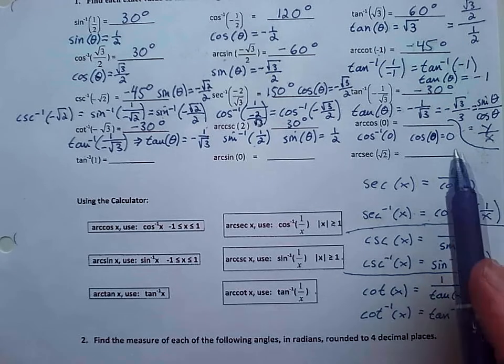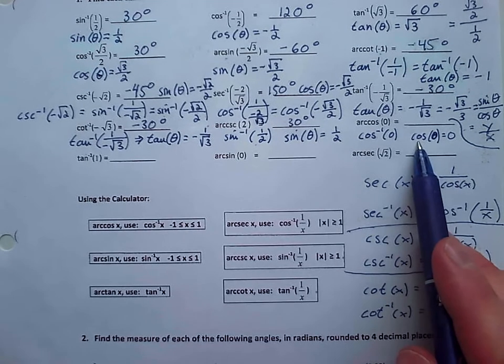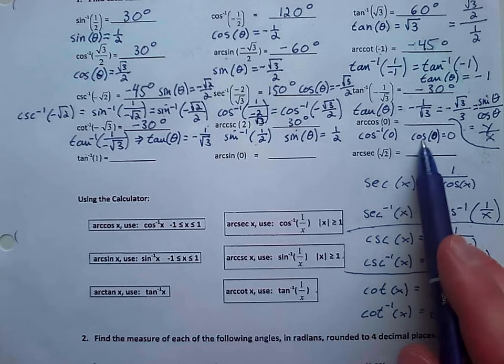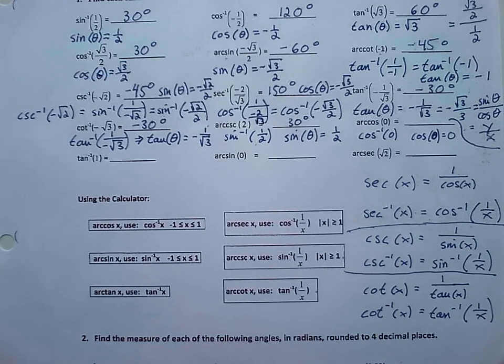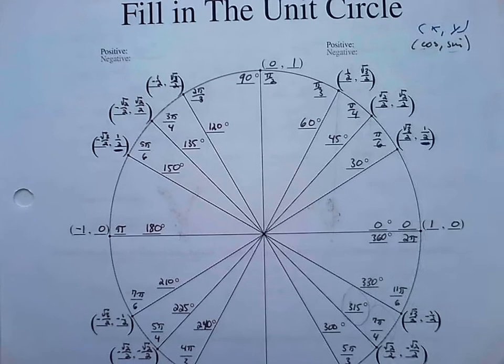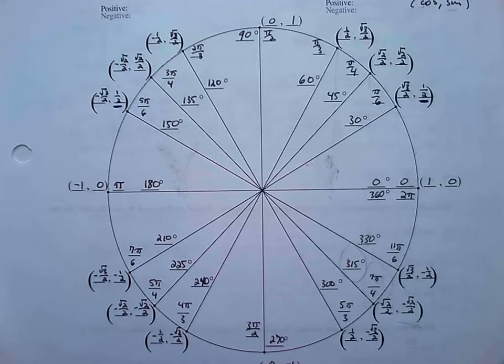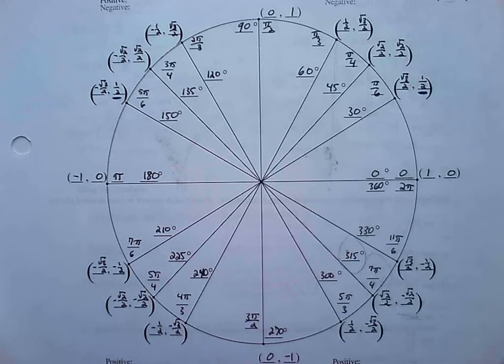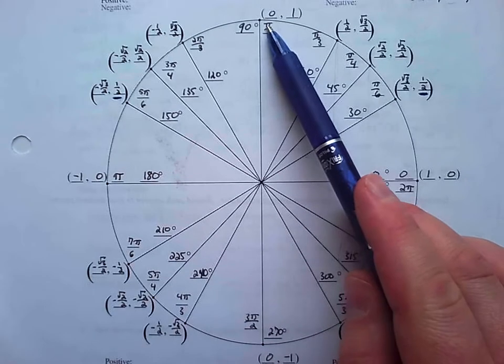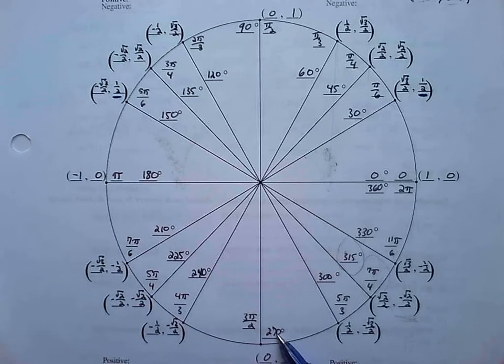So we're looking for the angle theta that we can plug into the cosine, right? And again, remember that cosine is the same thing as the x value, is equal to 0. So if we're looking for the x value to be equal to 0, the only two that are going to work here is either going to be 90 degrees or 270 degrees.